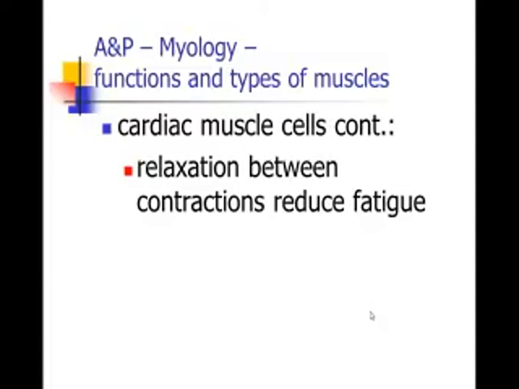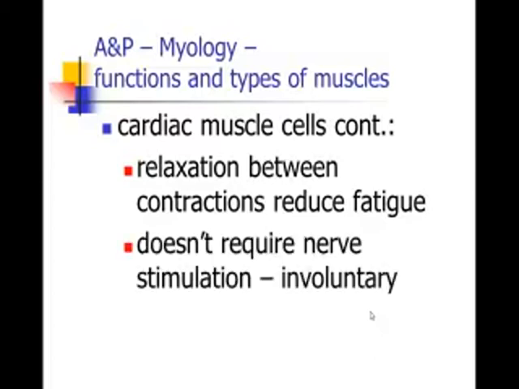Remember, well, actually don't remember because we haven't gotten there yet, but we'll be talking about skeletal muscles going into tetany. If cardiac muscle cells went into tetany, you would die. So having them relax in between contractions is important in allowing the cells to recover from the activity that they've been sustaining, but also it's going to allow the heart to fill with blood, and we'll talk more about that in the cardiovascular system.